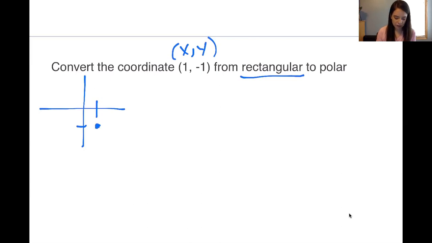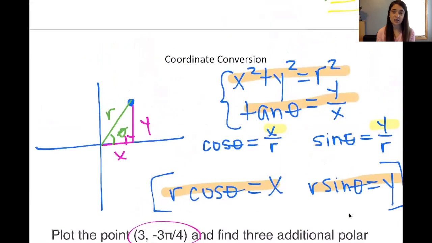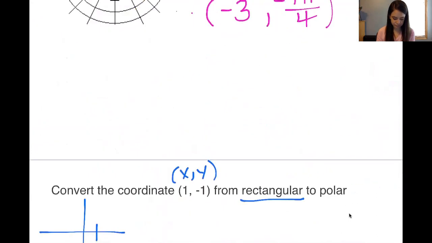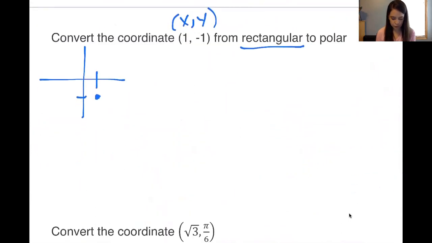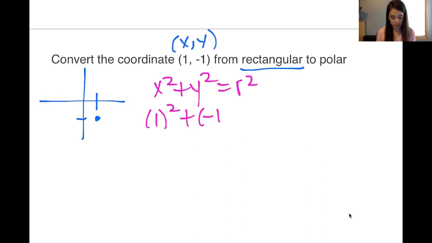Now I just mentioned if we know x and y, then these top 2 conversion equations make it really nice for us to solve for r and theta. So we know that x squared plus y squared equals r squared. So 1 squared plus -1 squared equals r squared.